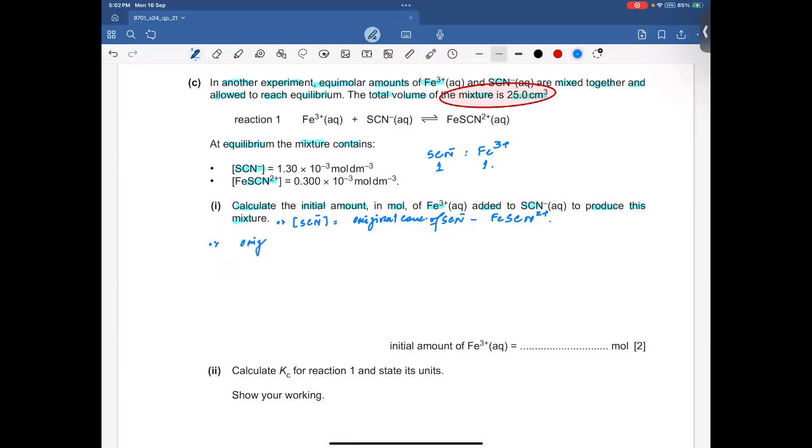The second point is that the original concentration of SCN- is equal to the concentration of Fe3+ due to the 1:1 ratio. So I can write the expression in terms of Fe3+ ions like this.